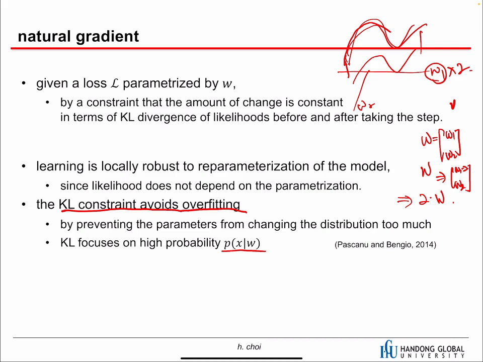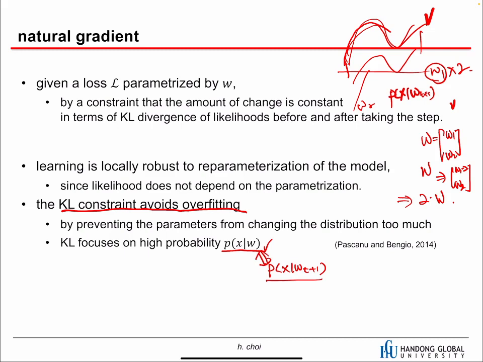But in the conventional gradient method, when the direction is wrong, it's possible to move toward outliers, and the likelihood of w t plus 1 might be really unlikely. In that case, the model can probably overfit. But in this case, with the KL divergence constraint, after updating, this one is quite likely because we don't change too much.